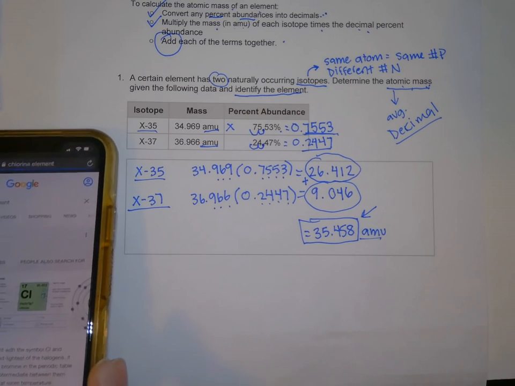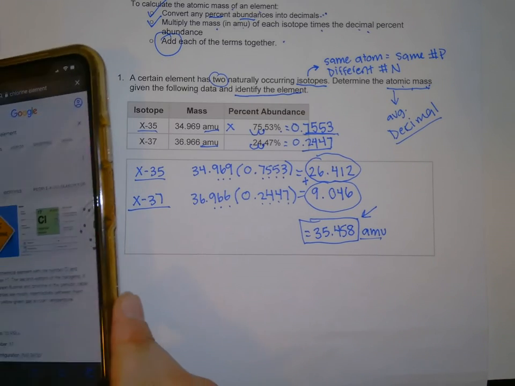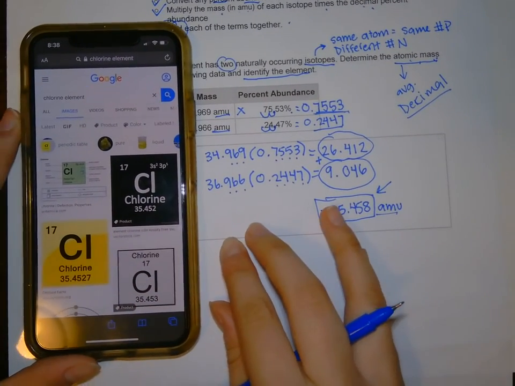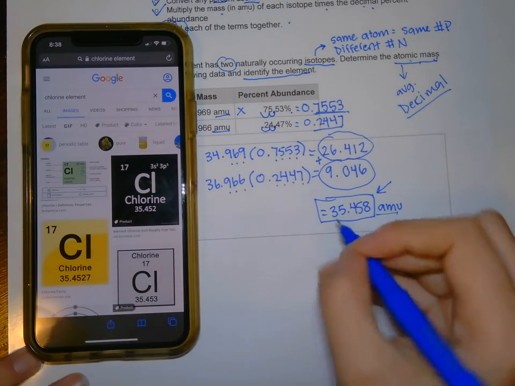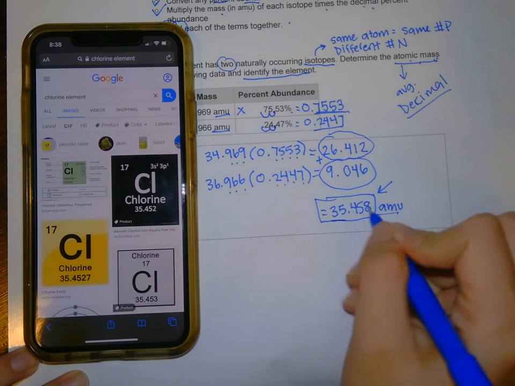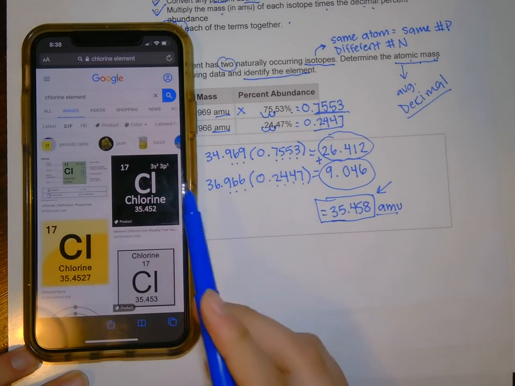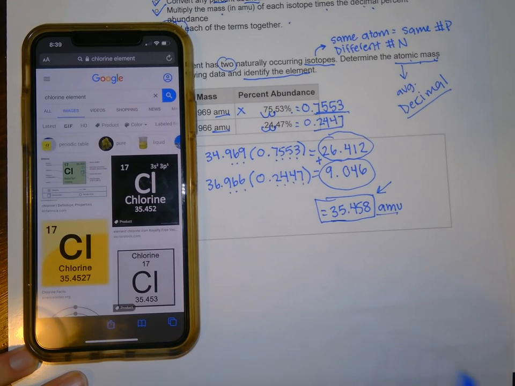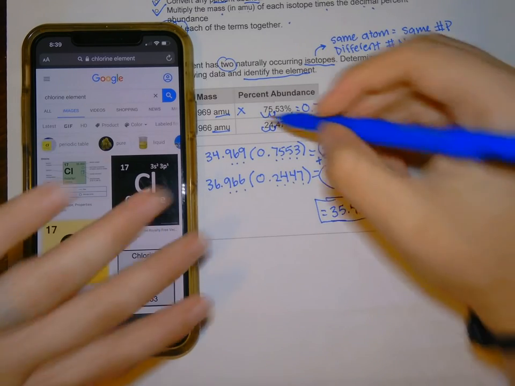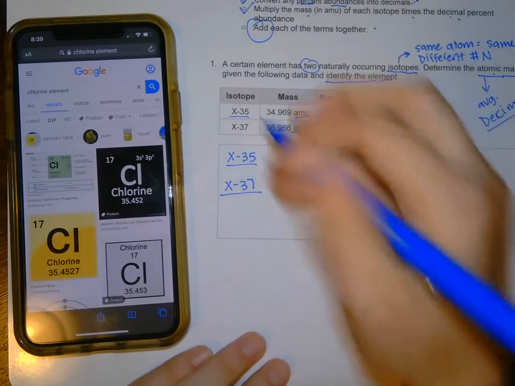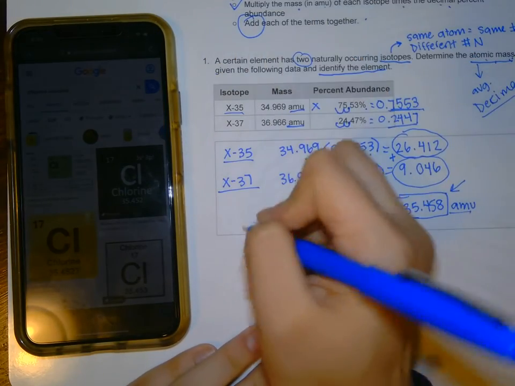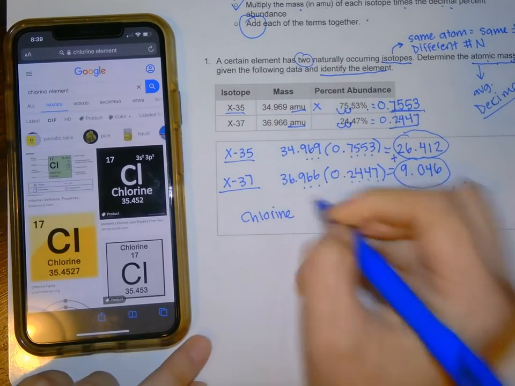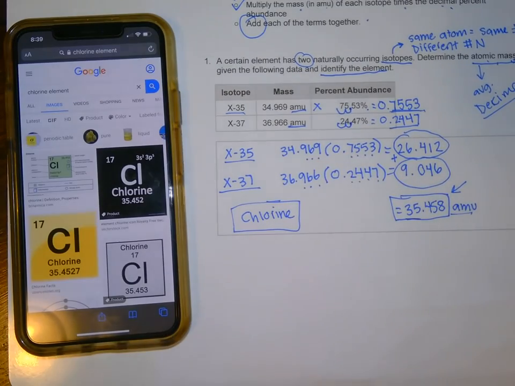Once you go into the periodic table and you look through all of the possible elements that could have a mass of 35 point something, you're going to find that chlorine has 35.452 atomic mass units. So this atom, these isotopes are likely chlorine isotopes. And that is how you do these questions.